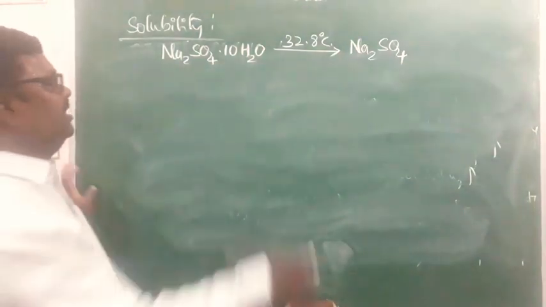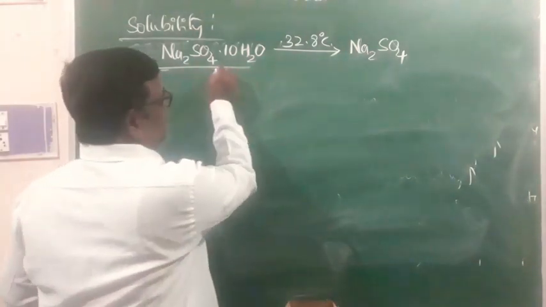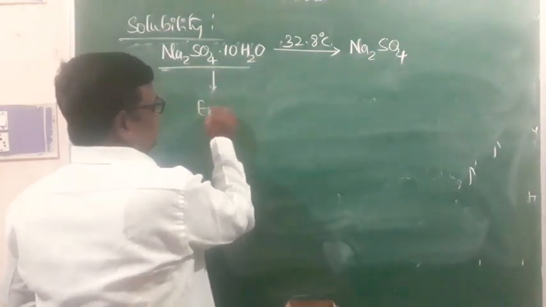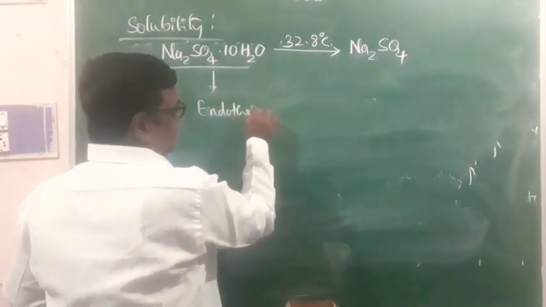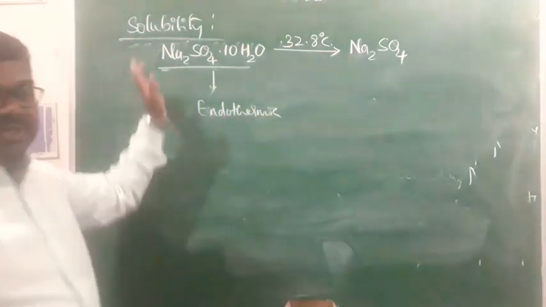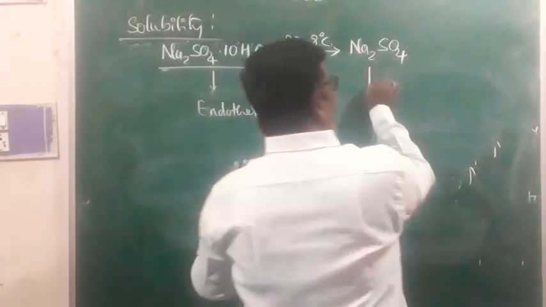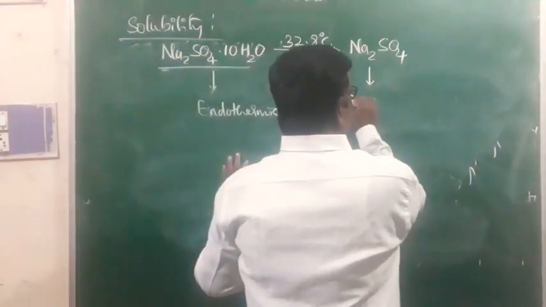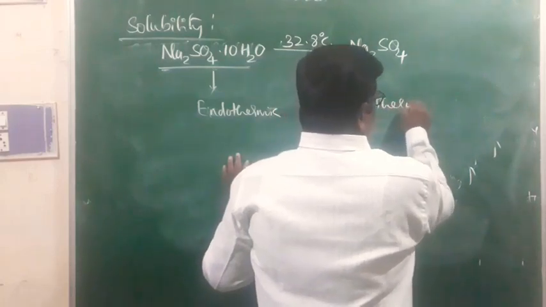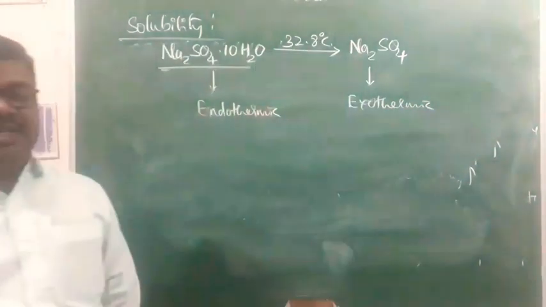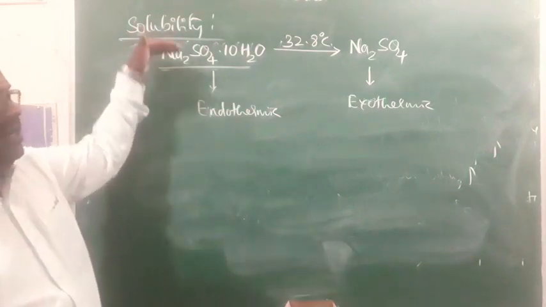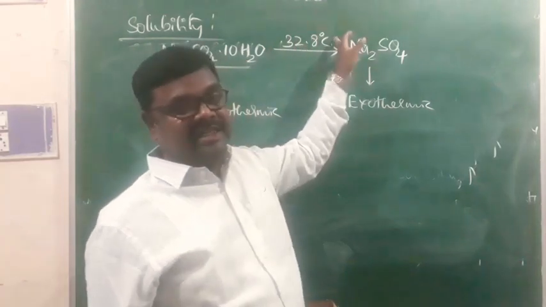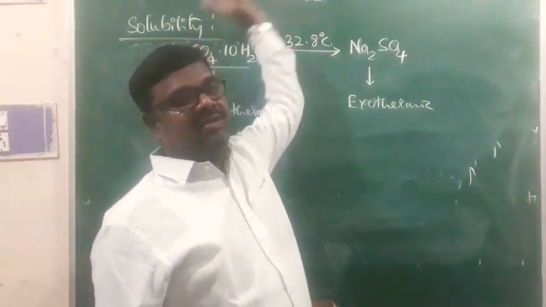Because in the case of sodium sulfate decahydrate, the dissolution process is endothermic. But in the case of anhydrous sodium sulfate, the dissolution is exothermic. Since the dissolution of one is endothermic and the other is exothermic, after 32.8 degrees Celsius one form of solid is converted to another form.